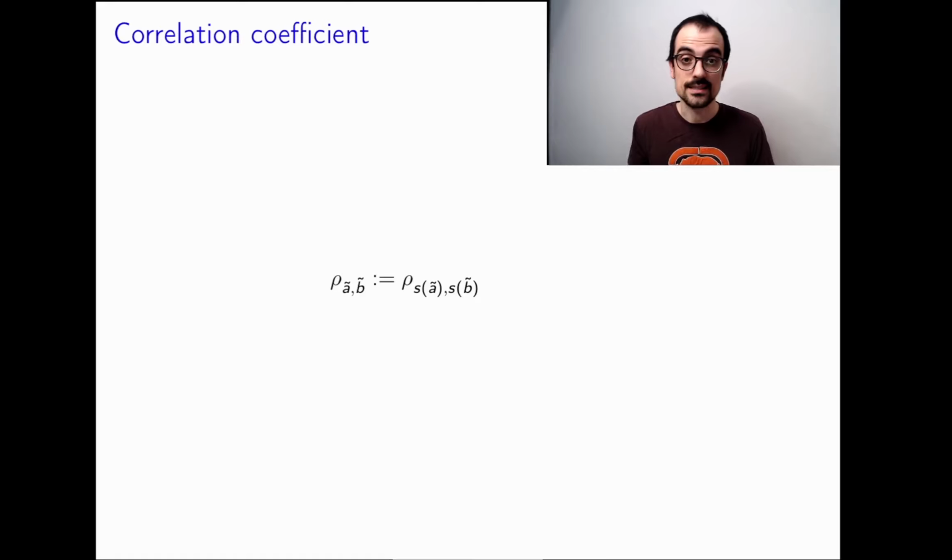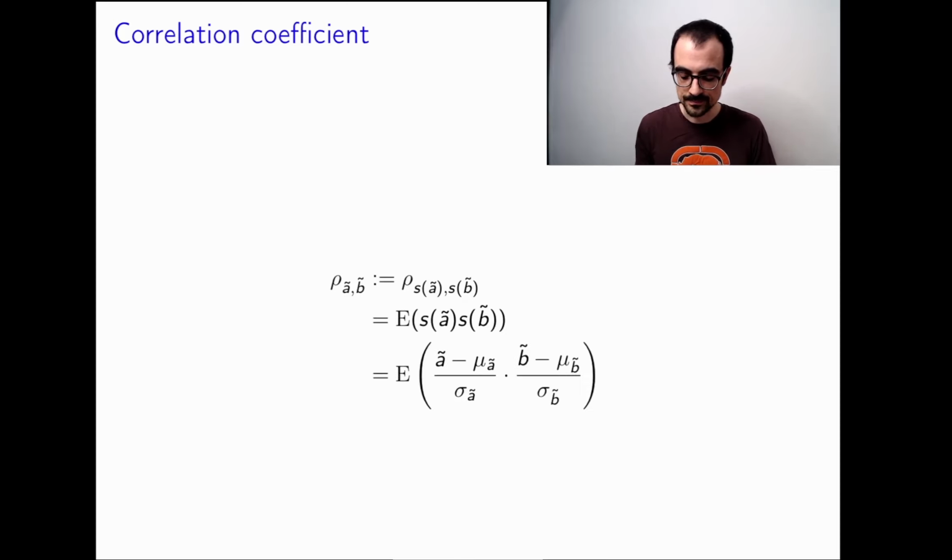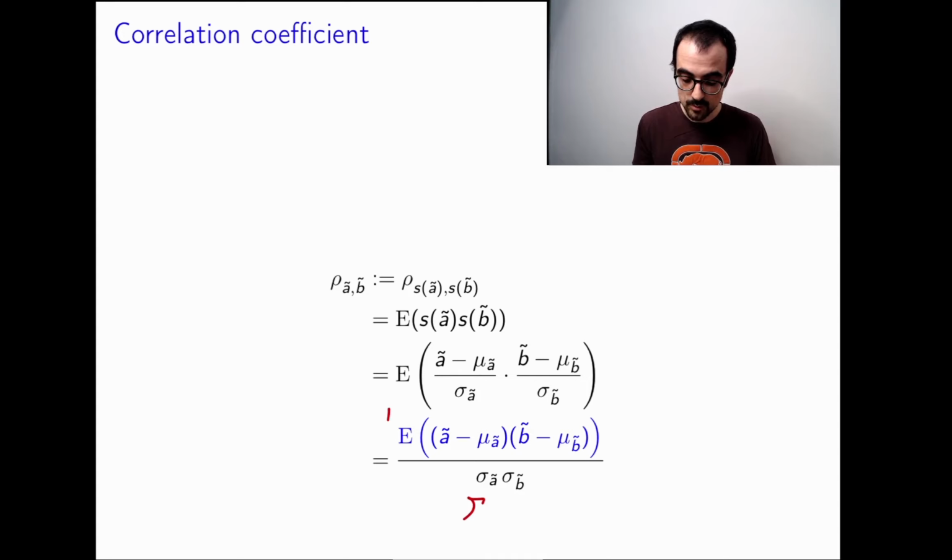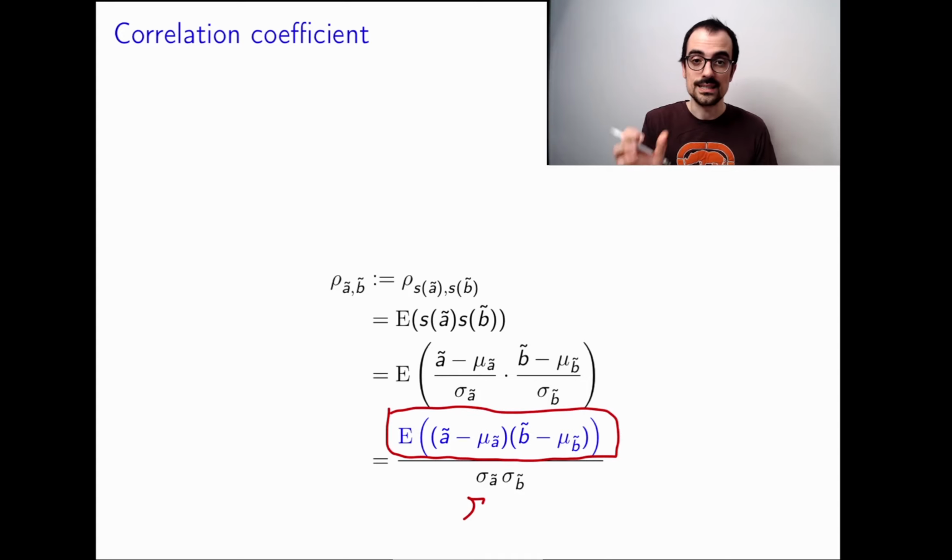But first, let's take a look at what this definition amounts to in terms of the random variables A and B. So we say that the correlation coefficient between A and B is the correlation coefficient between the standardized versions of A and B. So the expected value of this product, we expand the definition of the standardized random variables, and what we obtain, once we apply linearity of expectation to take the denominators out, is this expression where we have the standard deviations in the denominator, and in the numerator we have the expected value of the centered random variables. This expected value of the centered random variables is called the covariance between A and B.